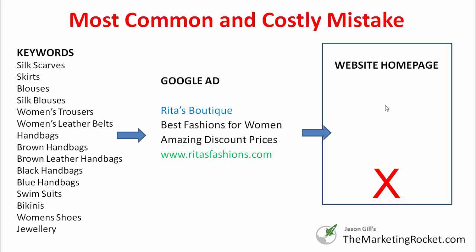Well, they've got to find the page that tells them all about green silk scarves. So they go through the drop down menus, and there's a search function on there. So they search for green silk scarves. They find a link that shows them silk scarves, and eventually they find the green silk scarves.